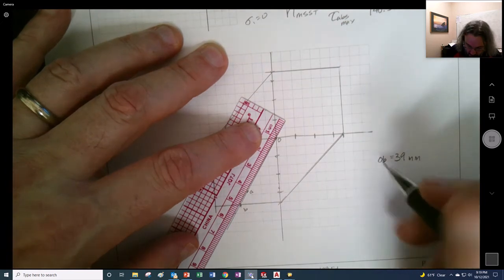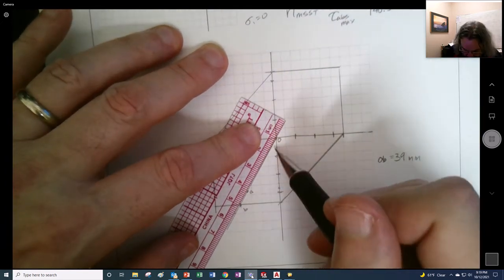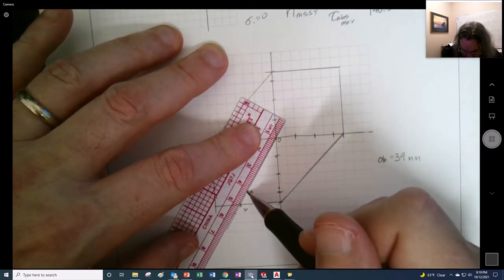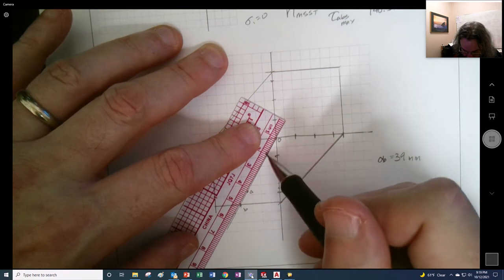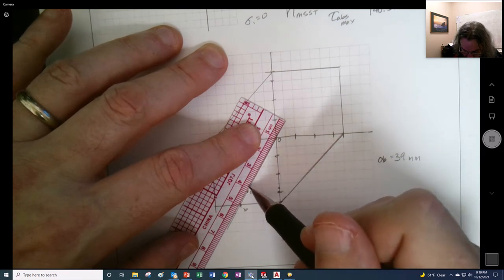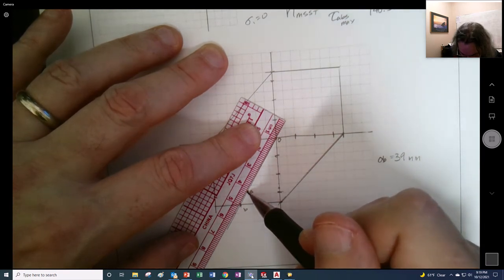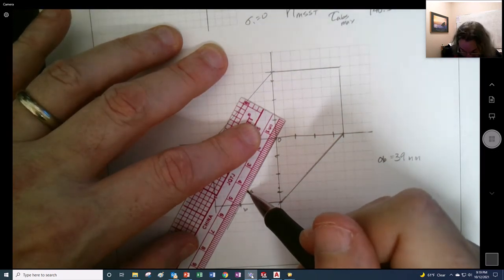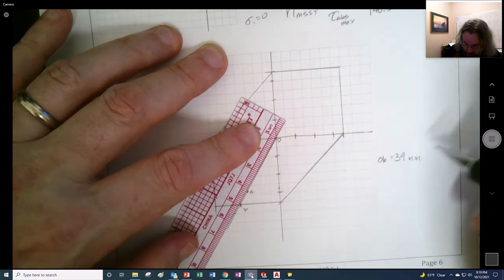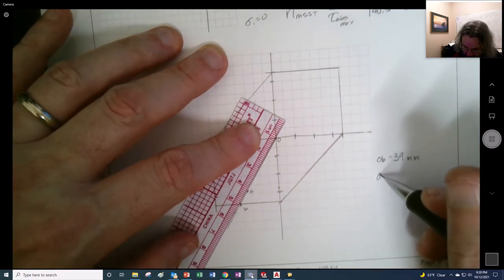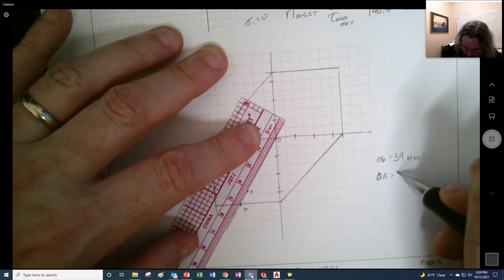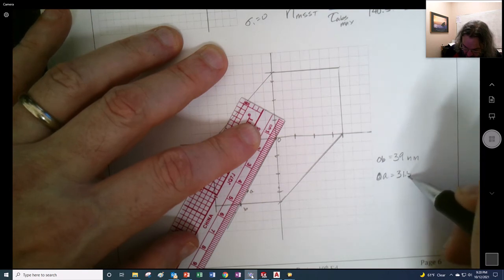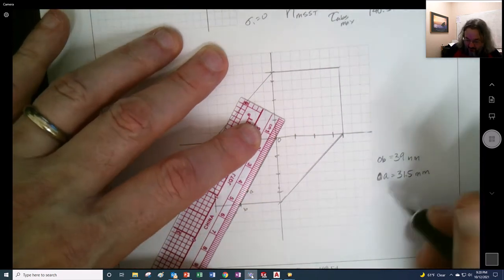Let's see. All right, so OA, that looks like to me that's going to be 30, 32, 31 and a half. We're going half millimeters here.